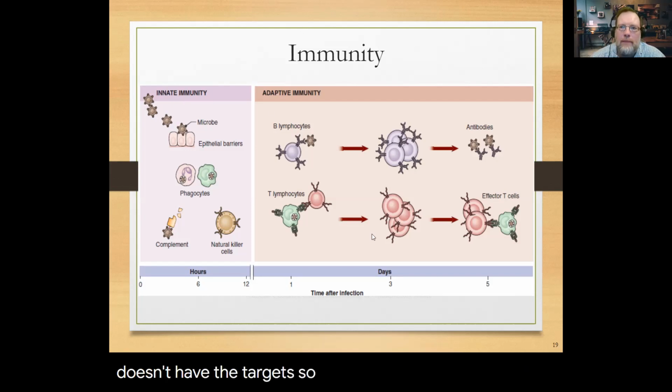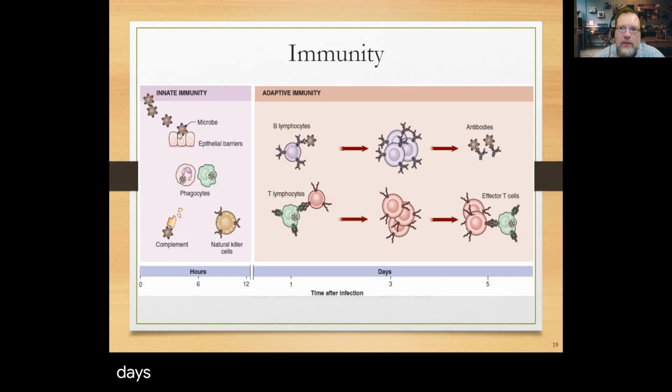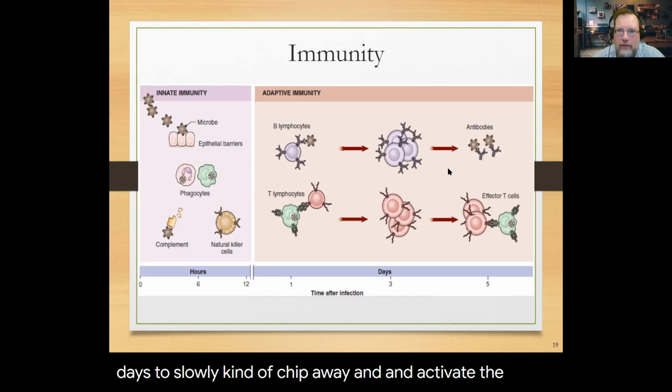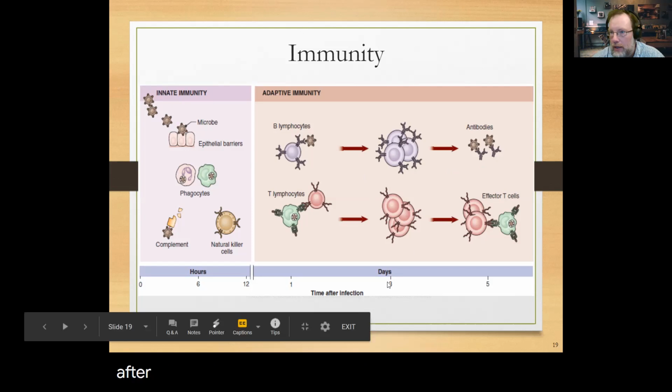So the thing about coronavirus or COVID-19 is it comes in and it's a lot slower. It takes maybe 6 days to slowly chip away and activate the third line of defense, even though it's going to start going after 3 days.